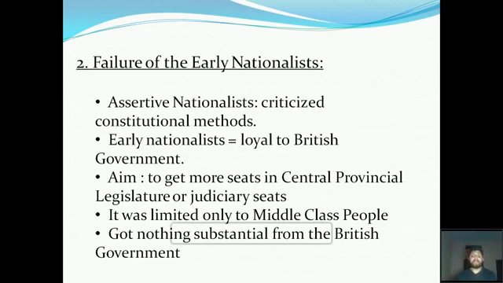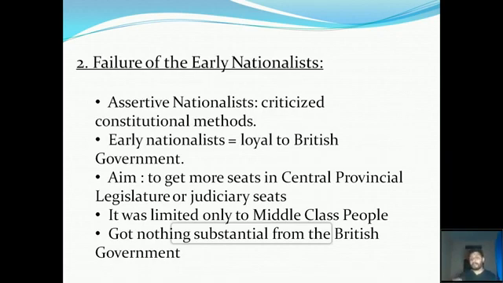Then they got nothing substantial from the British government. As I have told, the result which they were getting was too slow. At the same time, when they were not able to attain their aim, a group of people started to think in a very different way, with a very different outlook.